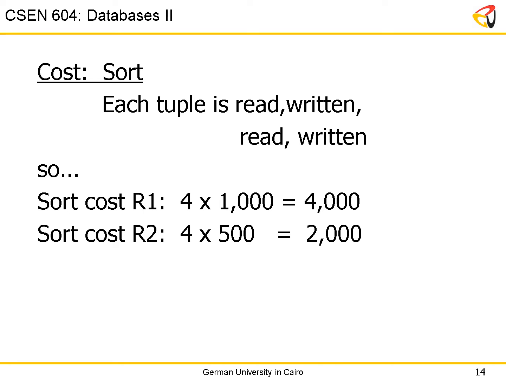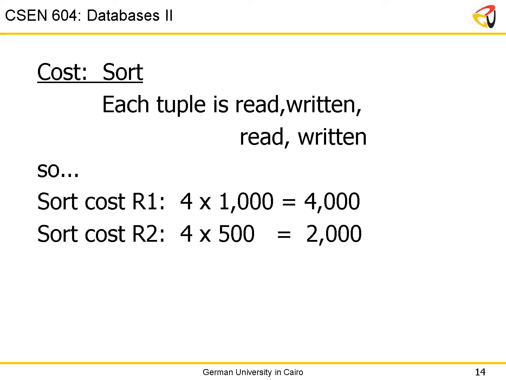I read it, locally sort it, write it to disk, and then read it again to do the merge and write it back on disk. So 1 IO to read, 1 IO to write, 1 IO to read, 1 IO to write again. That's 4. And if I'm spending an IO per page, and I'm going to do that 4 times, I will spend 4,000 IOs to externally merge sort R1, and 2,000 IOs to externally merge sort R2.